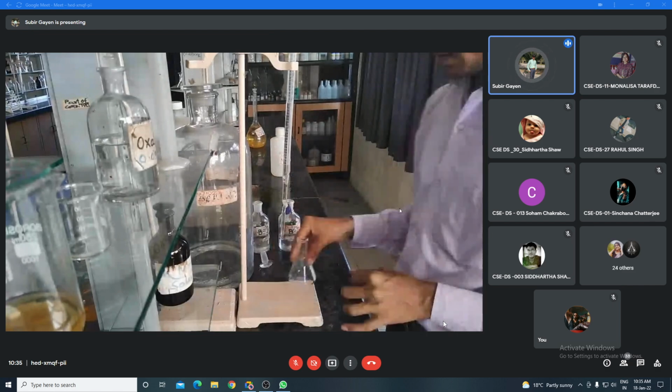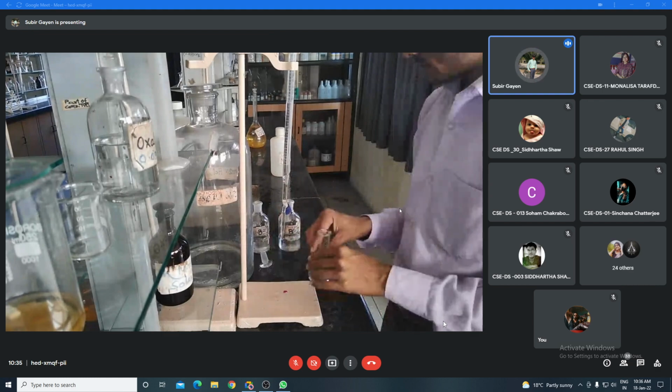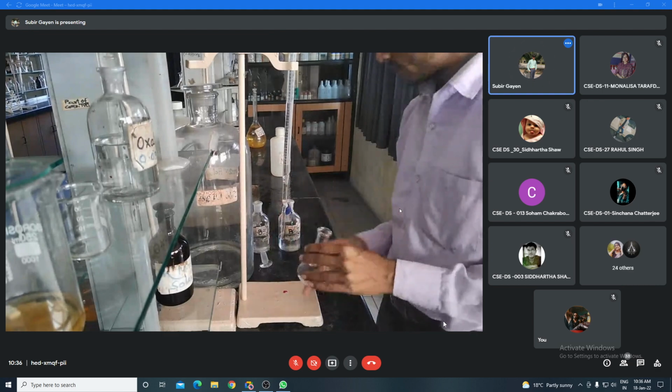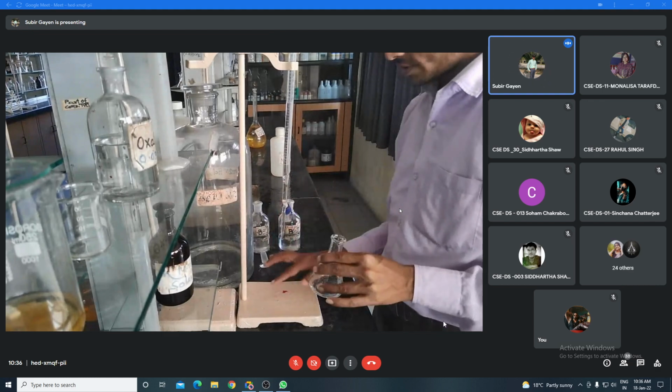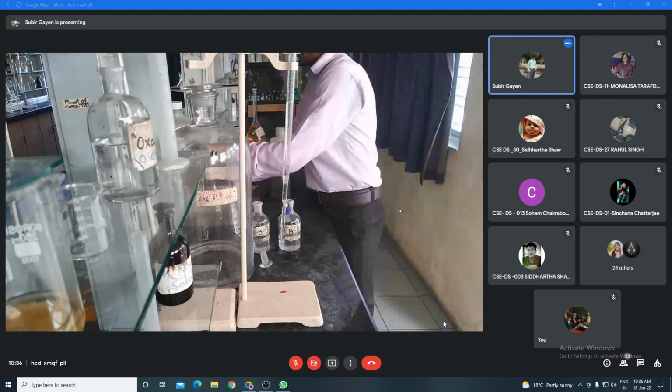You have to add the sodium hydroxide dropwise. Okay, here the color appears from the lower portion of the solution.